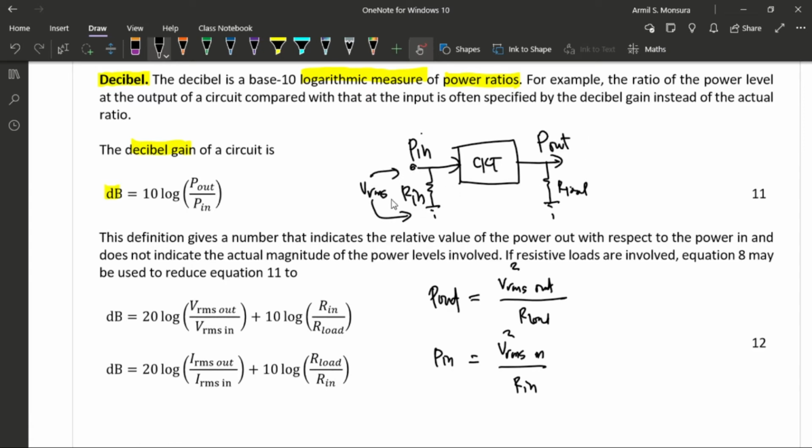So this is your VRMS in. While makakapag-measure din tayo ng Vrms out sa output side. Okay? So in that case, we can convert this, okay, into this ratio. Okay? So we have 20, magiging 20 na ngayon since we are now comparing voltages.